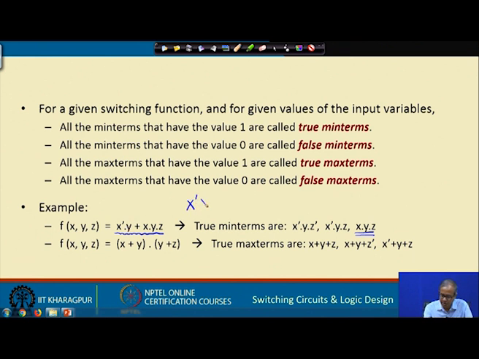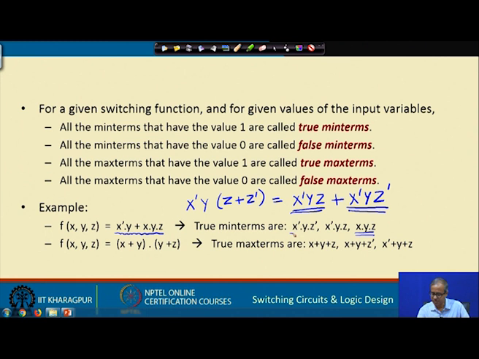This x bar y I multiply by z plus z bar, multiply means AND, because z plus z bar is 1. So, anything AND 1 will be the same thing. If I do this, this is nothing but x bar y z or x bar y z bar. So, effectively this product term x bar y corresponds to two different min terms, x bar y z and x bar y z bar. This is what is mentioned here.